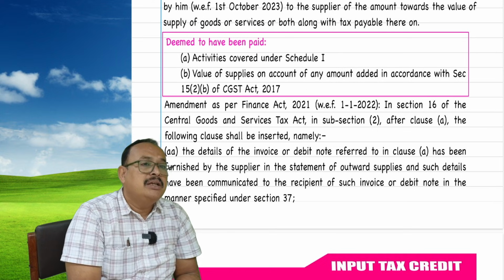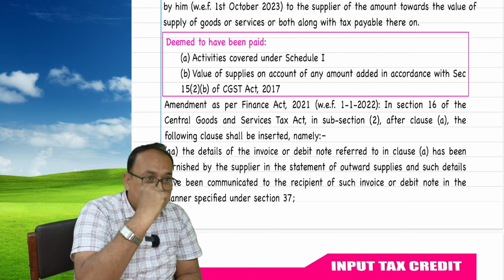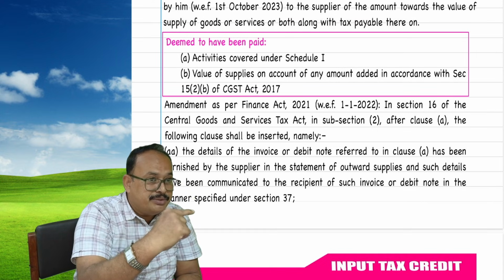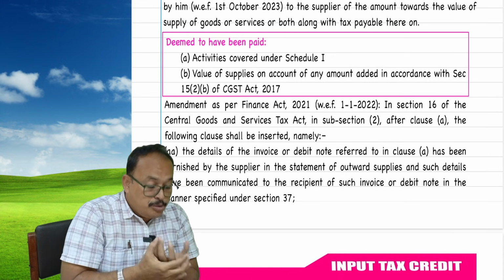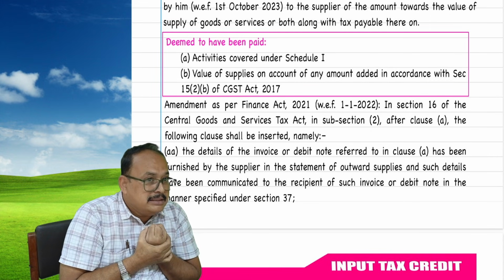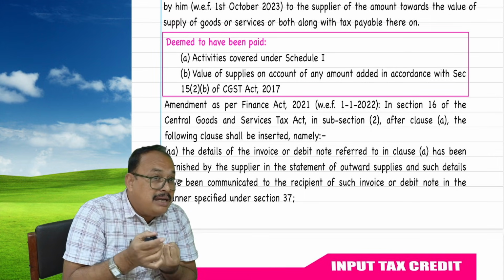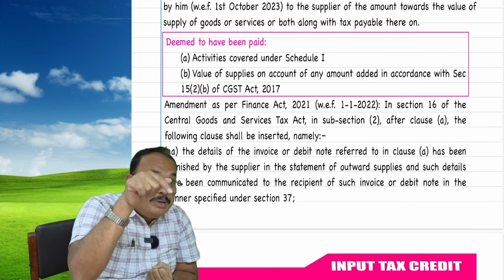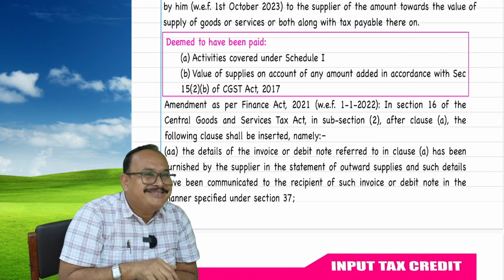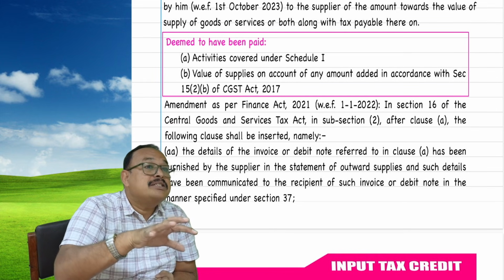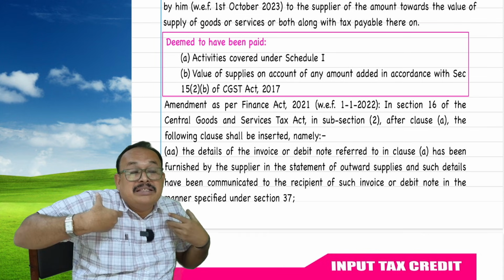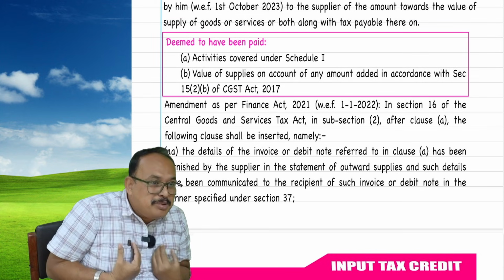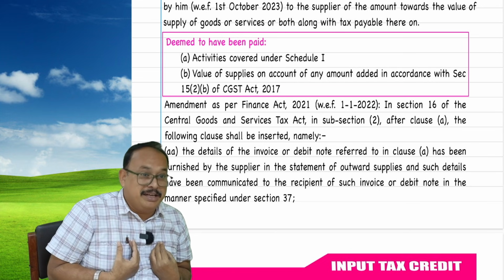Meaning thereby, listen to me, the supplier should issue the invoice or debit note. It should be possessed in your hand by the recipient, and the supplier who issues the invoice or debit note should submit his GSTR-1 return. Then it is communicated to me in my GSTR-2B as my eligible credit.